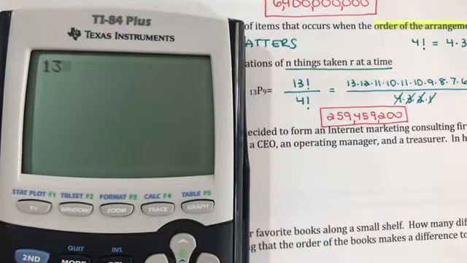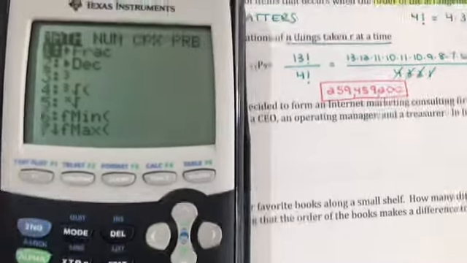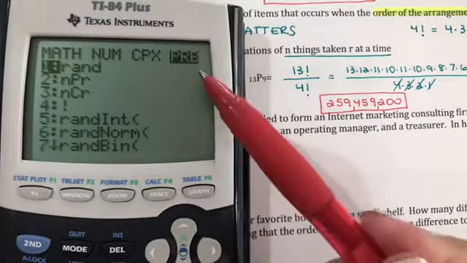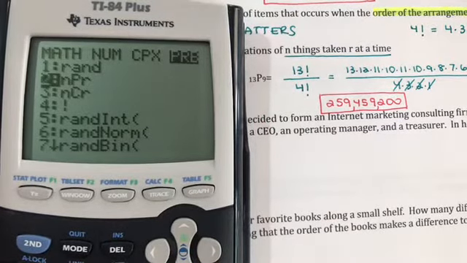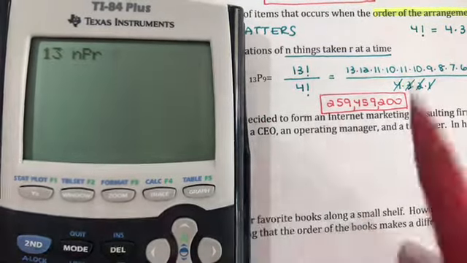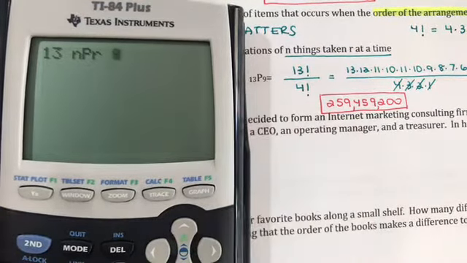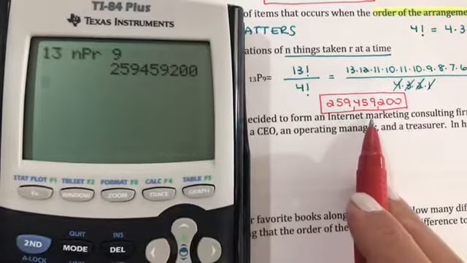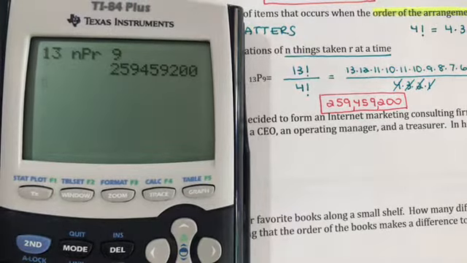Then for the P, we need to hit the math button and go all the way over to probability, which is the last one. You'll notice we have NPR. Now we have the N, we just need the 9. And notice we get the exact same answer. So this is a lot faster. I'm totally okay with you using the calculator for this.